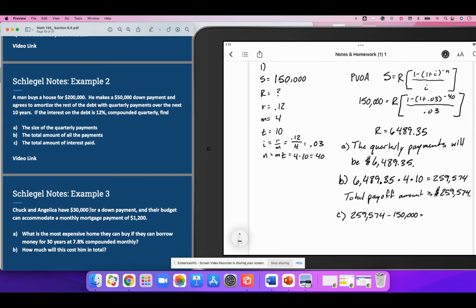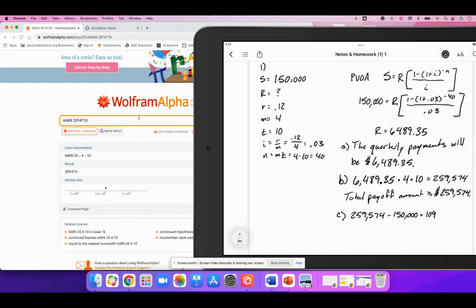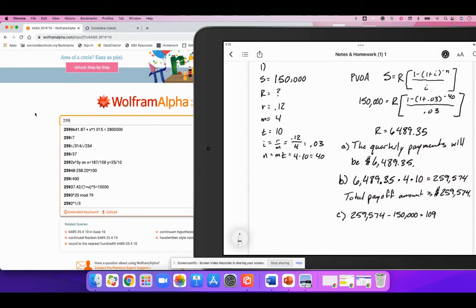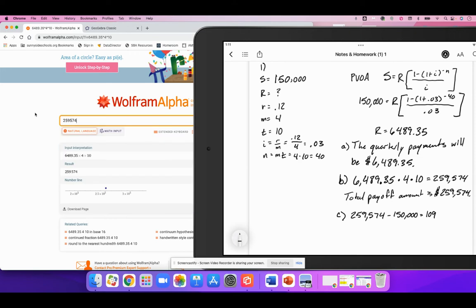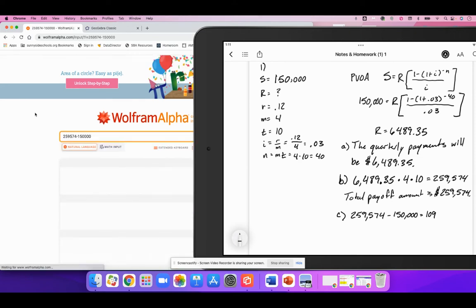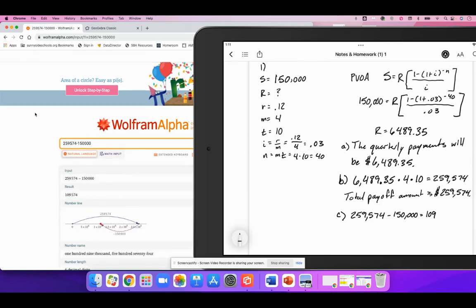And that's going to leave us with 109. You don't have to get Wolfram to do it, because I don't want to make a silly mistake. So 259,574 minus 150 grand. He was 109,574.